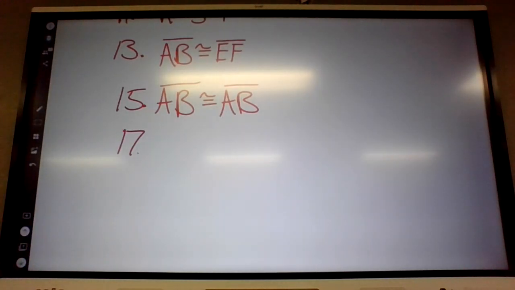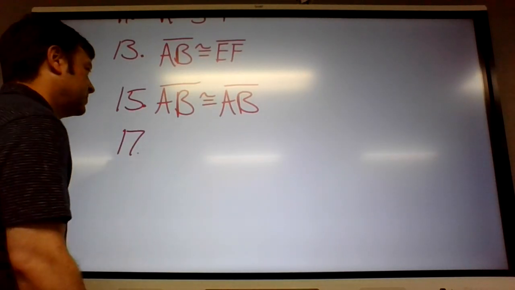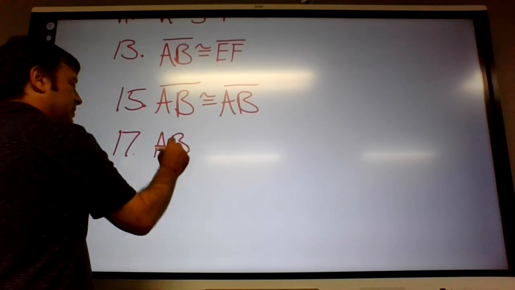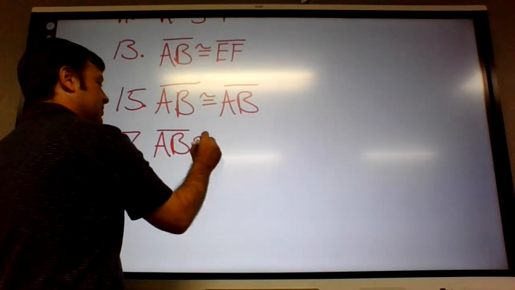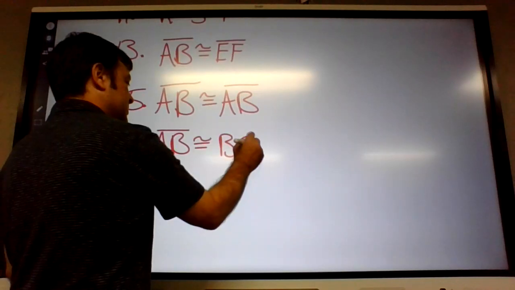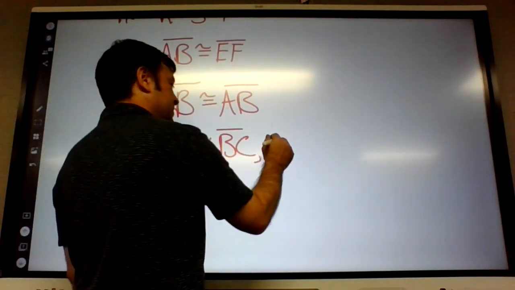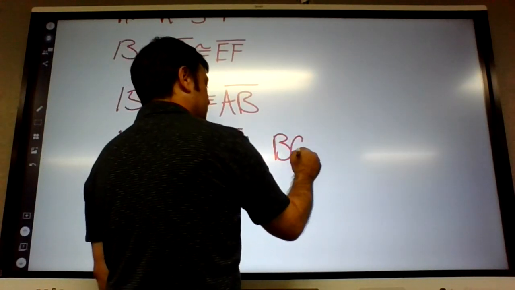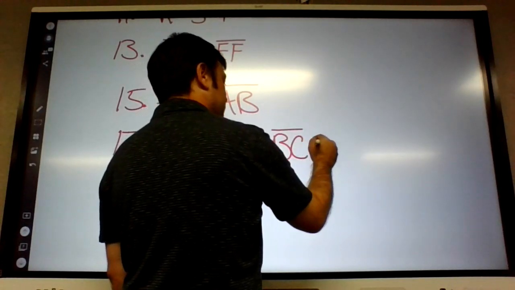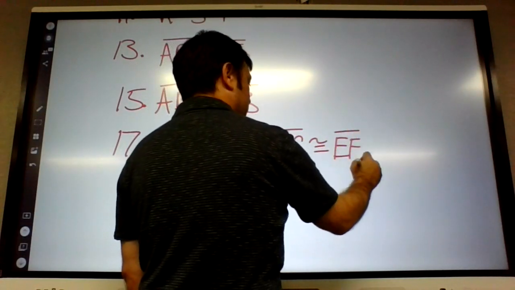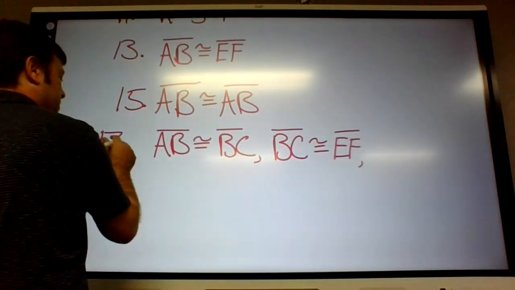All right, 17, the transitive property with segments. We kind of just did this one, but okay. If the first segment is congruent to the second segment, you guys know what comes next? Transitive. Second is congruent to the third. Probably should put if up here.